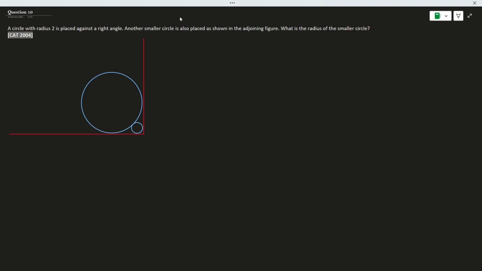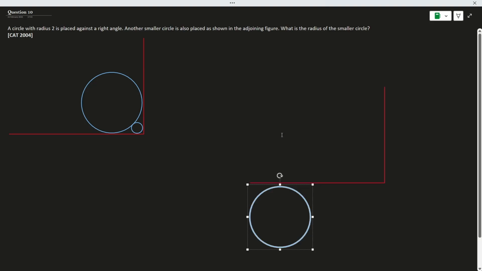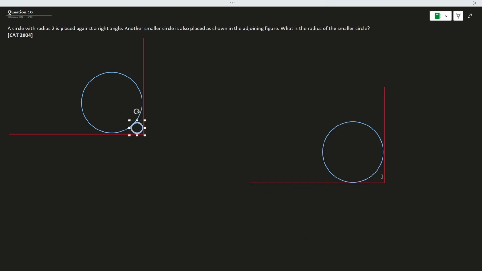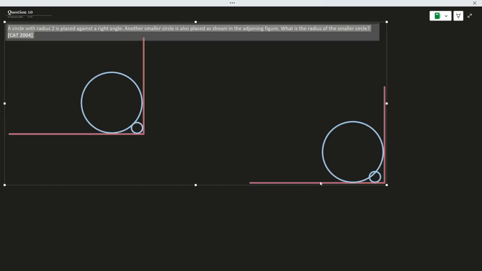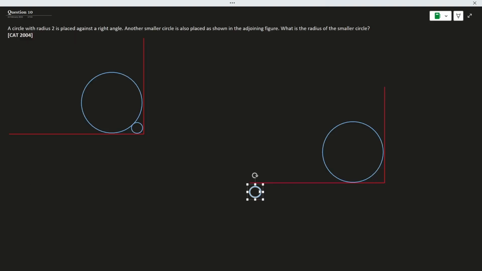Let's better copy that diagram, right? I will enlarge the diagram so that it's easier to explain.